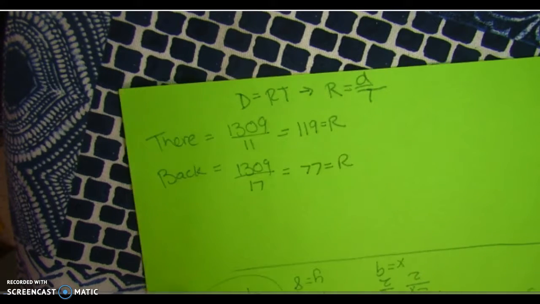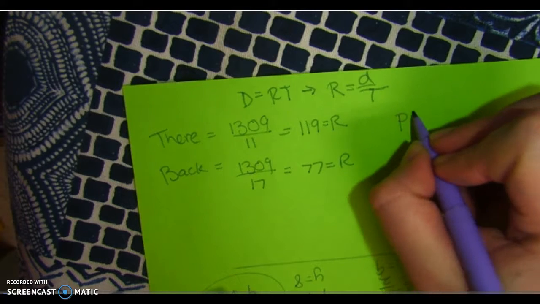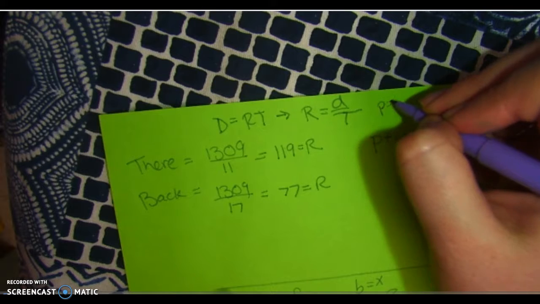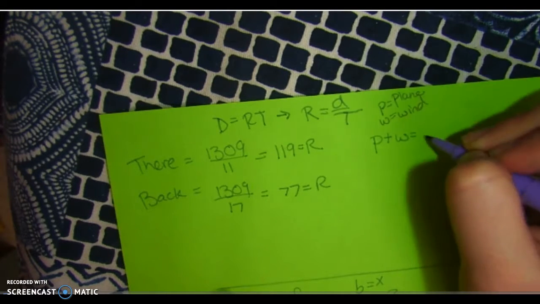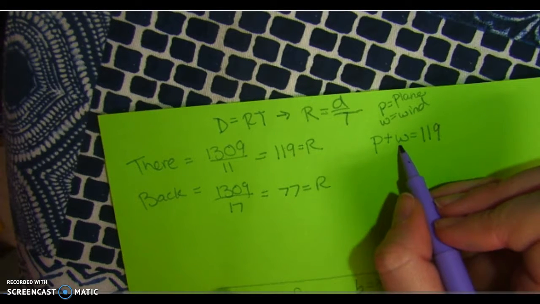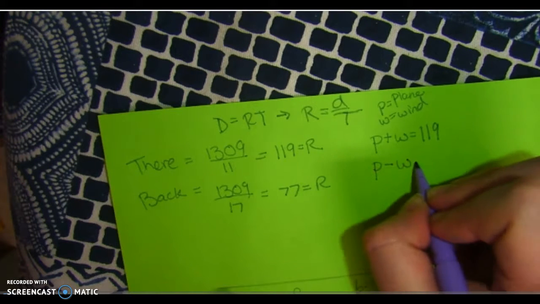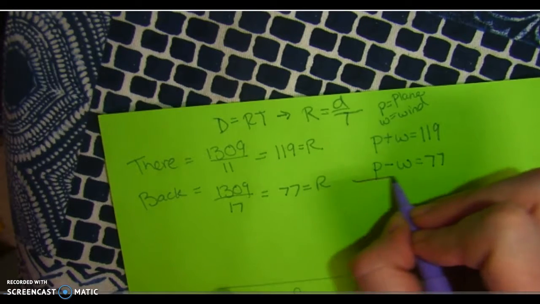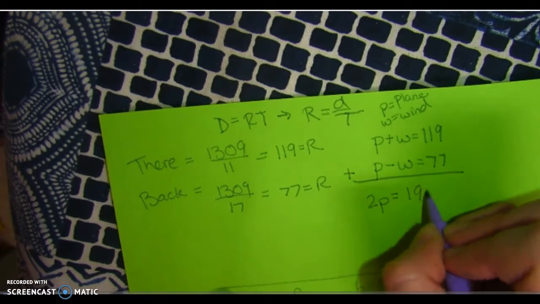So now I want to figure out, when I'm going there, it's with the wind. So the wind's helping me. It's adding to my speed. Oh, I should define my variables. P is going to be for the plane. W is going to be for the wind. So I know that would give me my total rate, because these are two rates adding to my total. But on the way back, the wind hurt me. It took away from my speed. So it's going to be 77. So I'm going to add them together. So I have 2P equals 196.